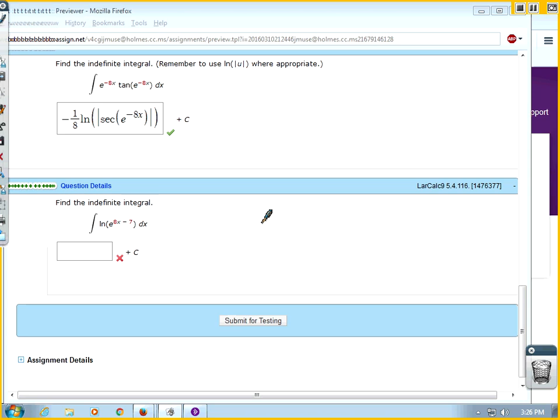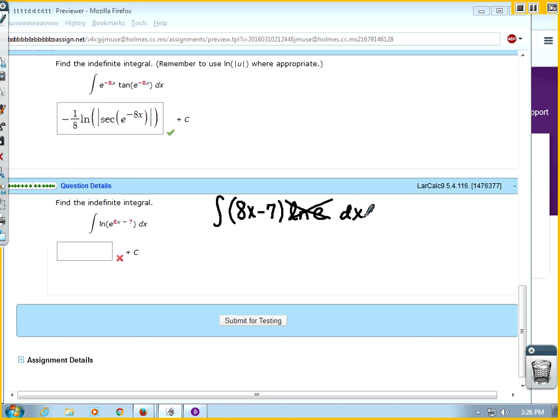Okay, so the last problem, you need to think about your properties of natural logs and the natural exponential. Remember that they are inverses of each other. So the natural log of e is really 1. All right, so you have to use your property first, though, that the 8x minus 7 being an exponent is going to come down to the front. So 8x minus 7 times the natural log of e.